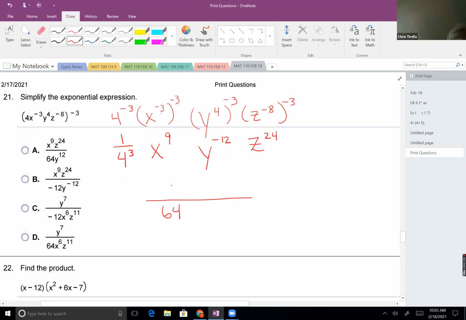If it has a positive exponent, it remains positive in the numerator. If it has a negative exponent, that factor gets a positive exponent in the denominator. And if it has a positive exponent, it remains positive in the numerator. And so I am thinking we have choice.